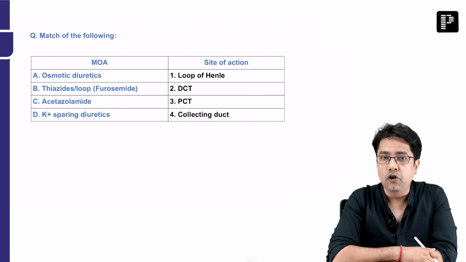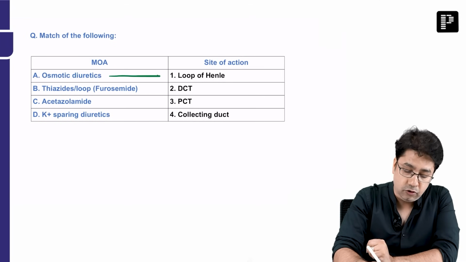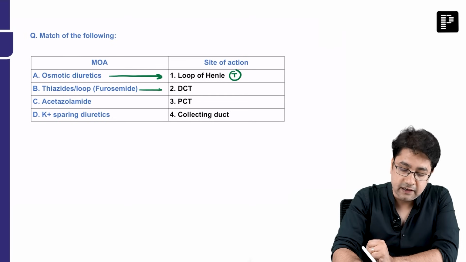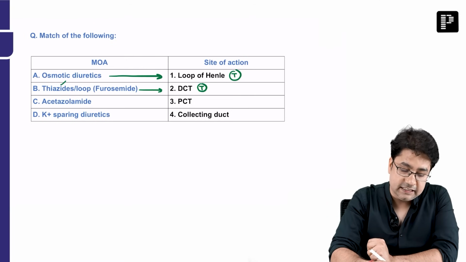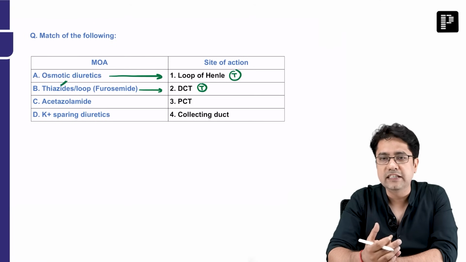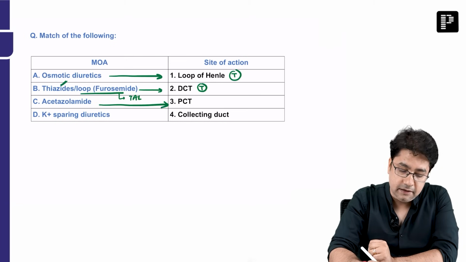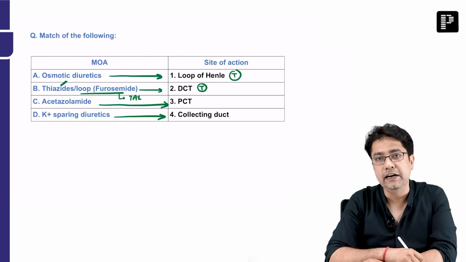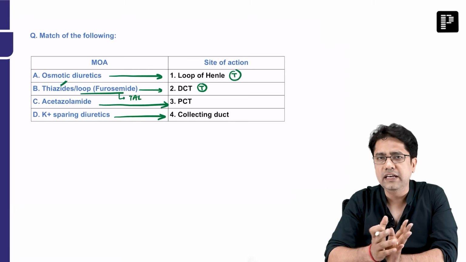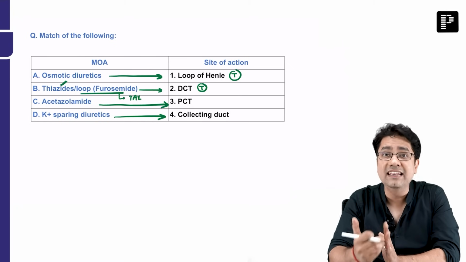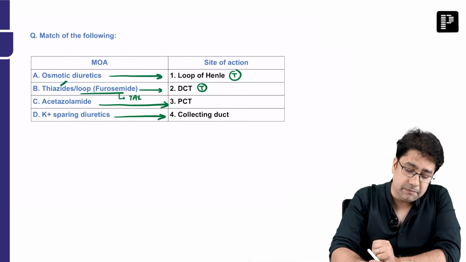So let's see: osmotic diuretic, loop of Henle, true. Thiazides and loop diuretic like furosemide, DCT. Thiazides act on DCT, while loop diuretics specifically act on the thick ascending limb. Acetazolamide, PCT, and potassium sparing diuretic, collecting tubule. So if a question asks which is an incorrect statement, it would be that loop diuretics act on DCT.